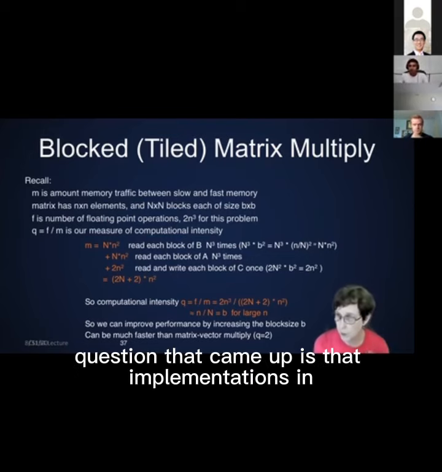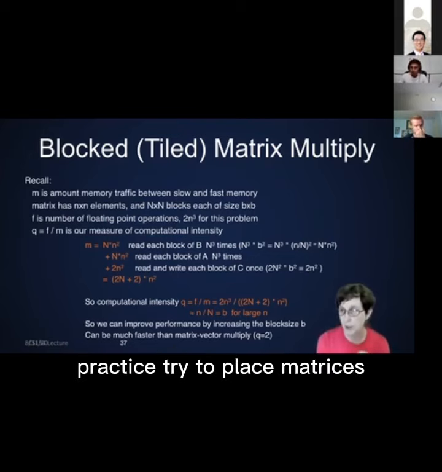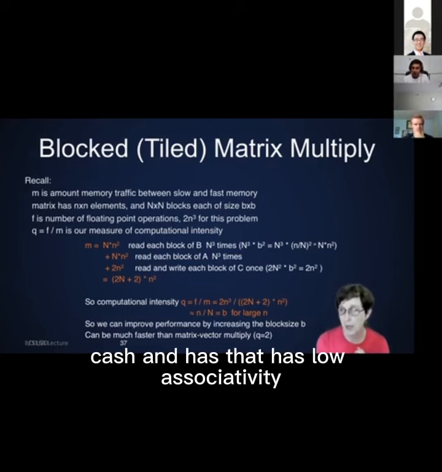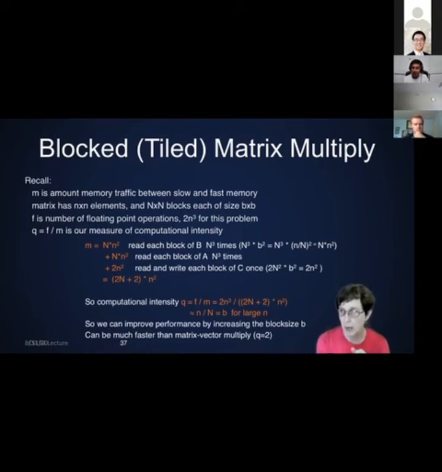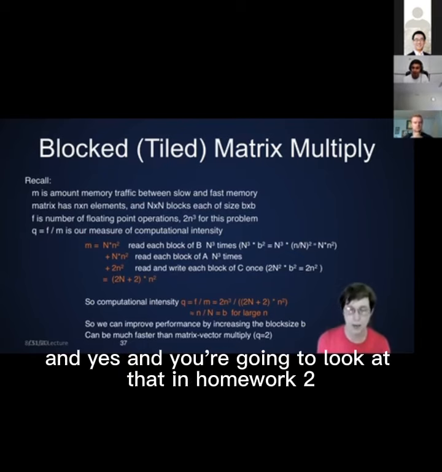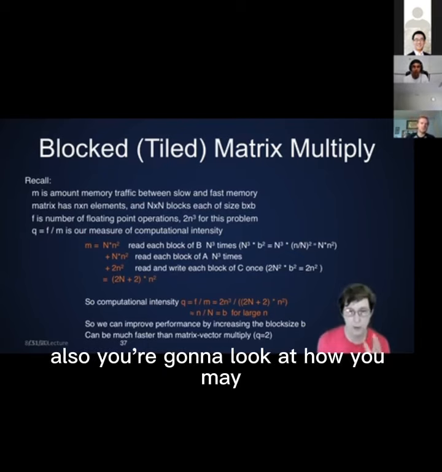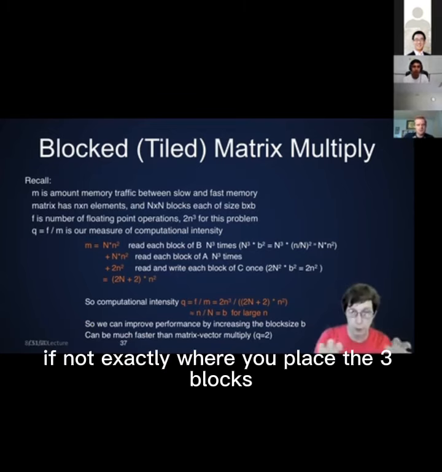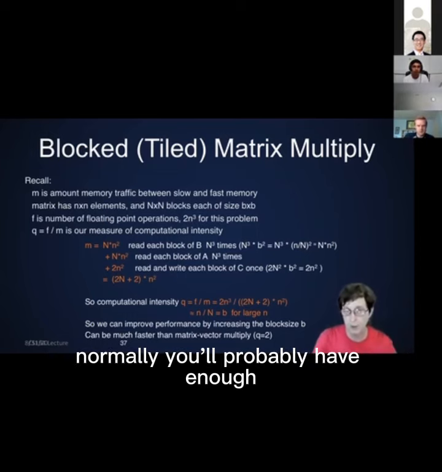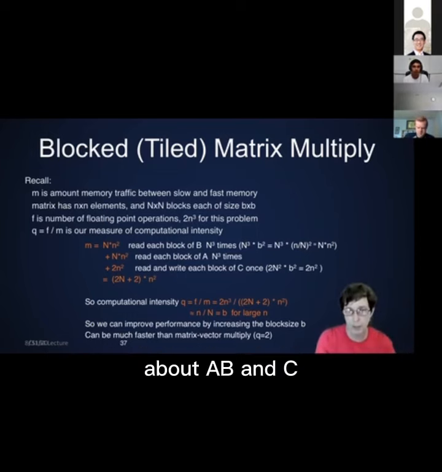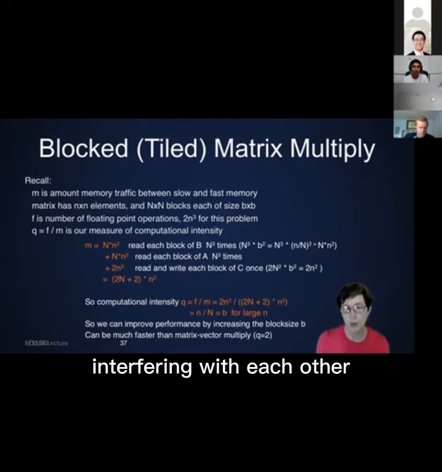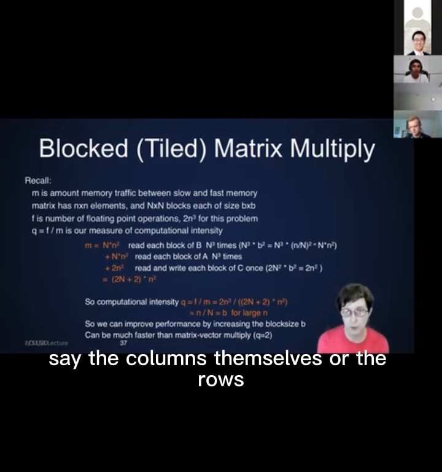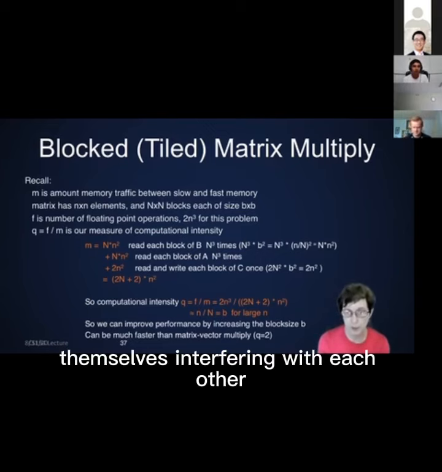And then the second question that came up is that implementations in practice try to place matrices in memory locations such that they don't conflict in cache, given low associativity. Yes, and you're going to look at that in homework 2 also. Normally you'll probably have enough associativity that you don't need to worry so much about A, B, and C interfering with each other, but you do need to worry about the columns themselves or the rows themselves interfering with each other.